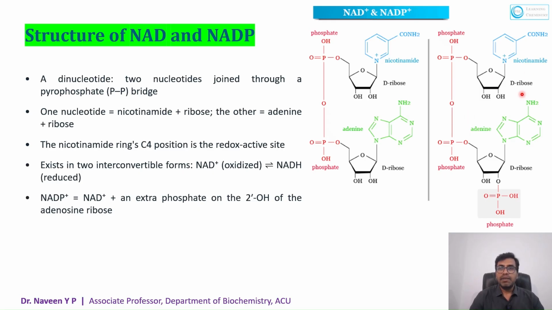NADP plus is synthesized from NAD by an enzyme called NAD kinase. This NAD kinase adds a phosphate group, which is taken from ATP and added onto the hydroxyl group on carbon number 2 of the adenine nucleotide of NAD to convert it into NADP plus.